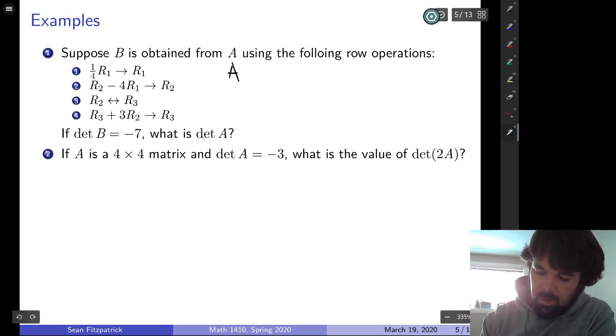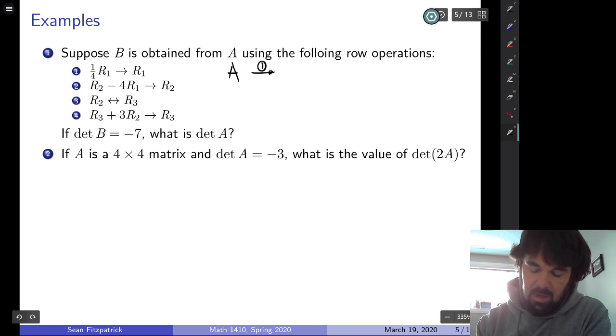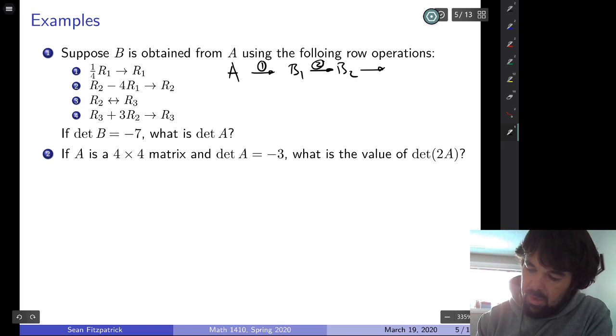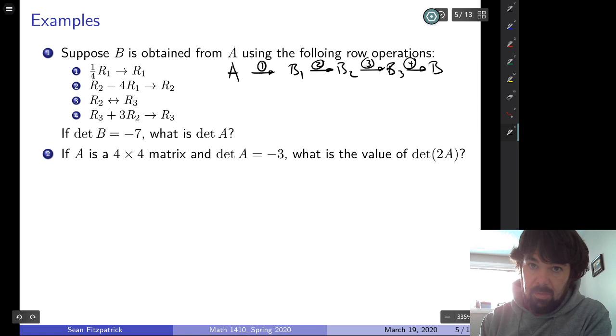Now I do the first row operation, and that gets me to some other matrix, let me call it B1. It's not B yet. Then I do the second row operation, and I get to B2. I do the third row operation, and I'm at some B3. And after the fourth row operation, I get to this new matrix B.